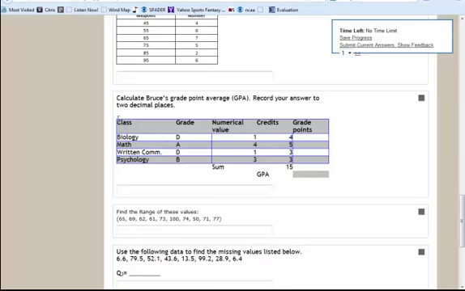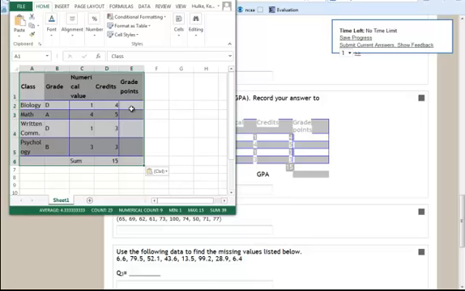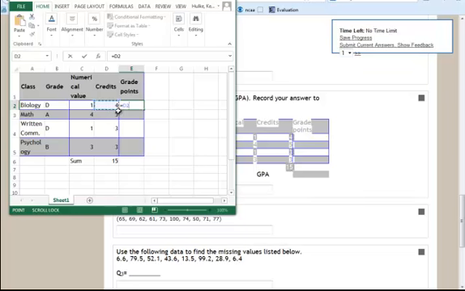Well, I guess we can just take the whole chart, doesn't matter. And the grade points will be the product of the credits and the value of the grade. Multiply those together: 4, 20, 3, and 9. Add those up.